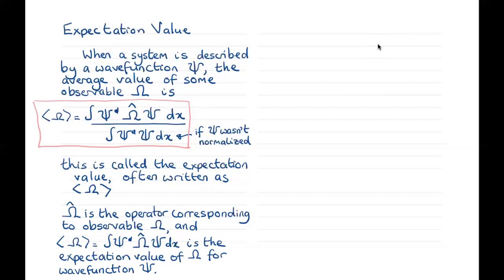Okay, let's look at an example then. And the example I want to look at is the particle in a box problem. And we'll look specifically at the ground state.